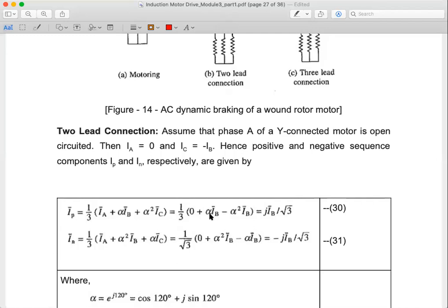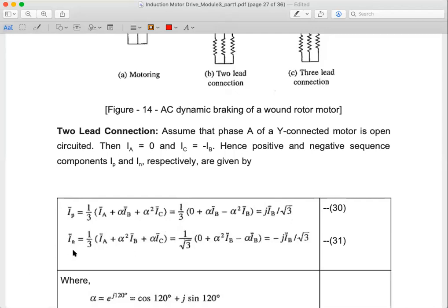Substituting it back, j root 3 by 3 gives 1 by root 3, so we get j IB by root 3. This is the positive sequence component.